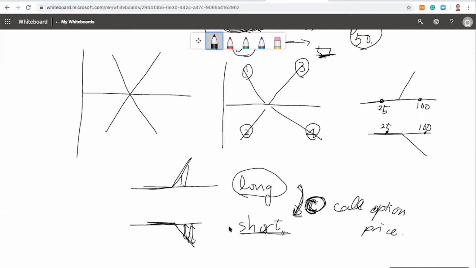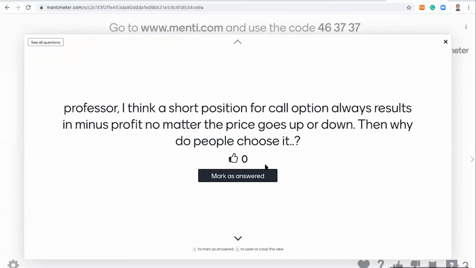So that's the point of what I'm going to explain with the call option price. But if you did not get it yet, that's okay. We are going into more details. So I think that's the answer for this one.